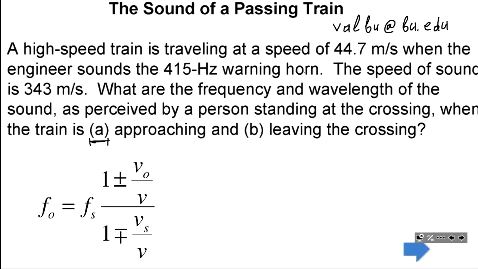Relative to what? It's not there, but we have to know that. It's a standard assumption. 343 relative to what? Ground, yes. And 415 hertz, this frequency, again, assumed for what situation? For a stationary situation, when this train would be at rest and an observer measuring frequency of the sound would be at rest, that would be the number 415. That's what we call FS, frequency for the stationary case.